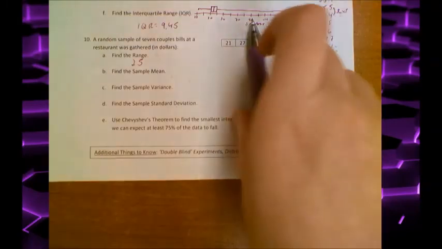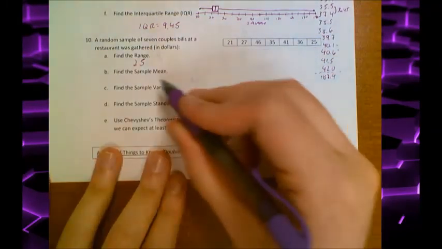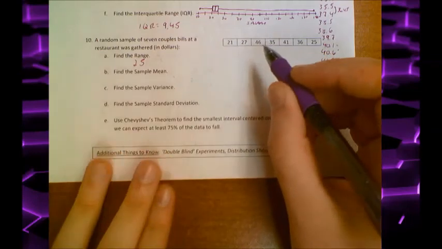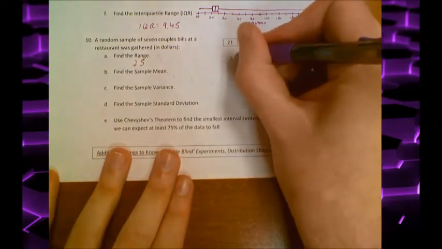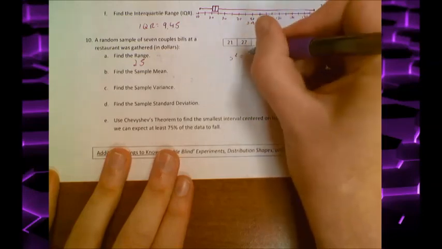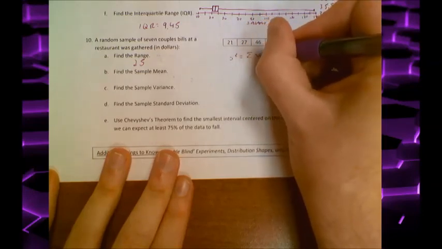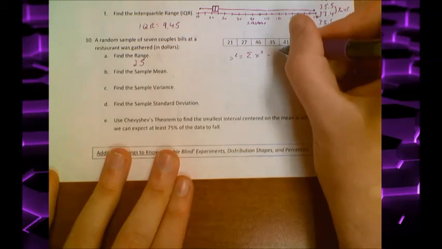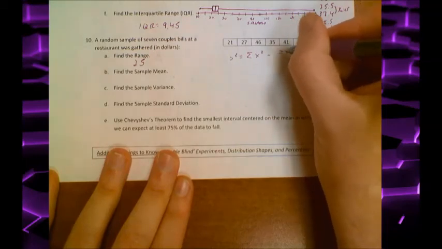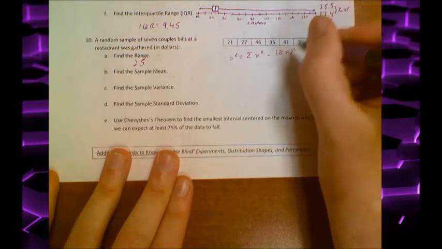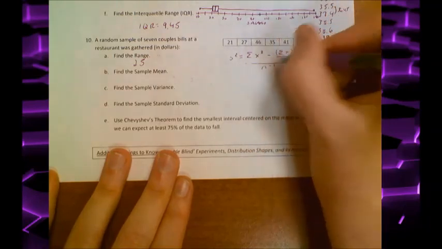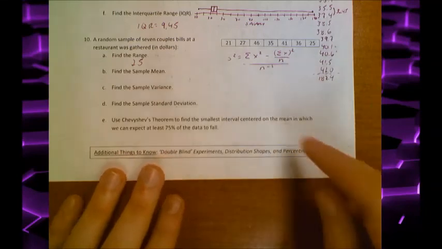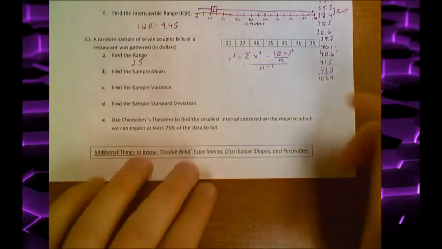All right, so I got to find the sample variance. Our formula for that one is s squared is equal to the sum of x squared minus the sum of x, squared over n, all over n minus 1. If I plug all of that in, I really want to find my sum of my x's.